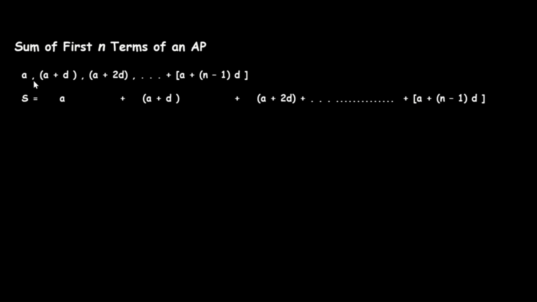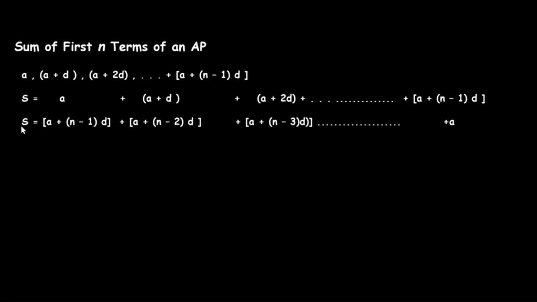So the sum of the first n terms, S, is nothing but the addition of all these individual terms: a, a plus d, a plus 2d, and so on up to a plus (n minus 1) into d. There is a reason why there is a gap indicated here. Let's see why. The same sum can be written in the reverse order also.